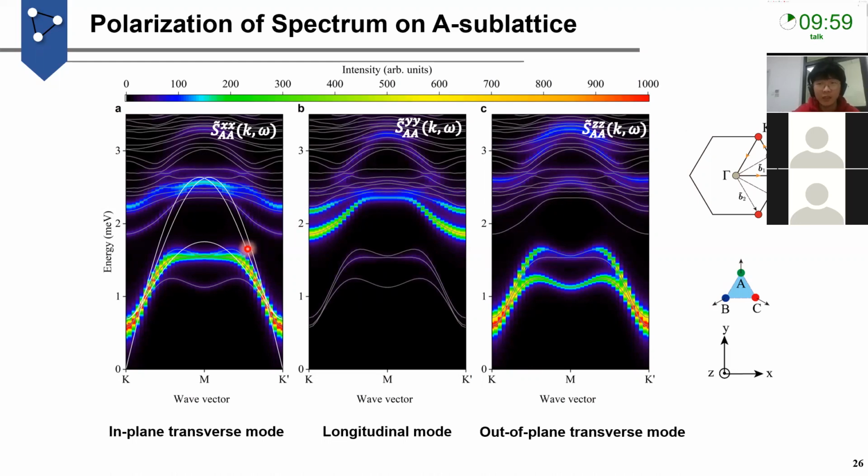Another interesting point of our finding is that for the intermediate energy regions, there is a large spectrum left by the in-plane transverse mode. This maybe explains the third broad peak observed along the endpoint of the spectrum.